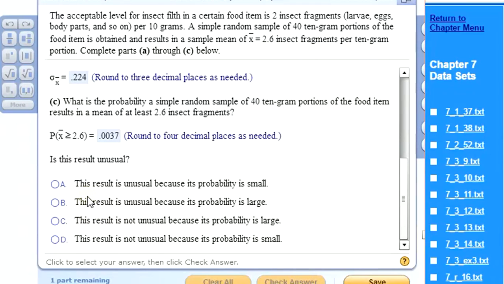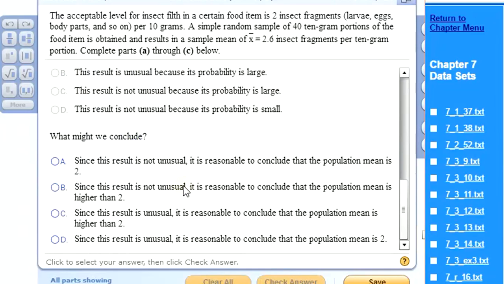And that probability is quite small, which means that it's actually likely that the population mean is not 2, it's something else. So we would conclude that since the result is quite unusual, it's reasonable to conclude the population mean is actually higher than 2, right?